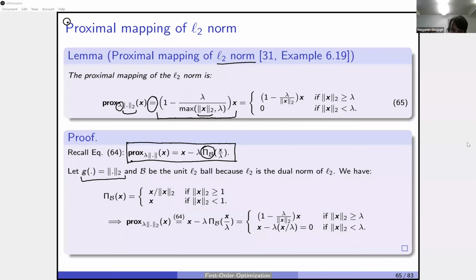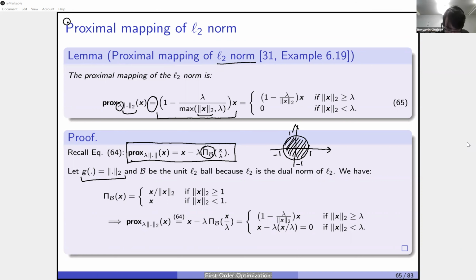And what is projection onto the L2 unit ball? Let's draw it. Do you remember the unit ball of L2 norm? In 2 dimensions it is a circle. In 3 dimensions, it's a sphere, and it's a ball, so it also includes the inside. Its radius is 1, right?